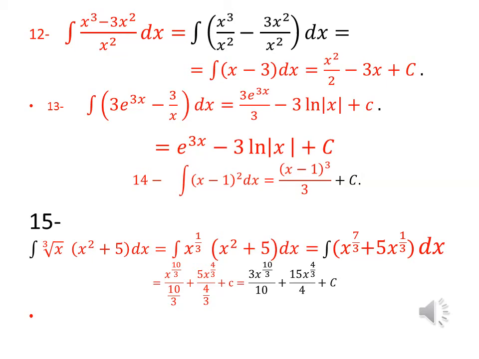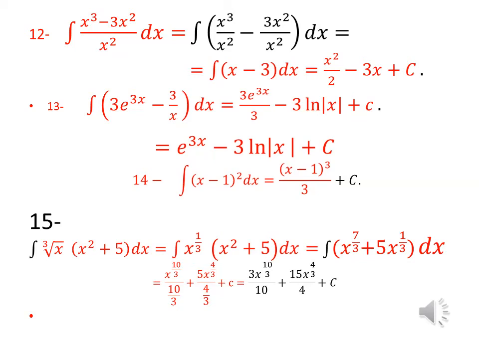The cube root of x means x^(1/3) times (x^2 plus 5). x^(1/3) times x^2: add the powers, 2 plus 1/3 is 7 over 3.